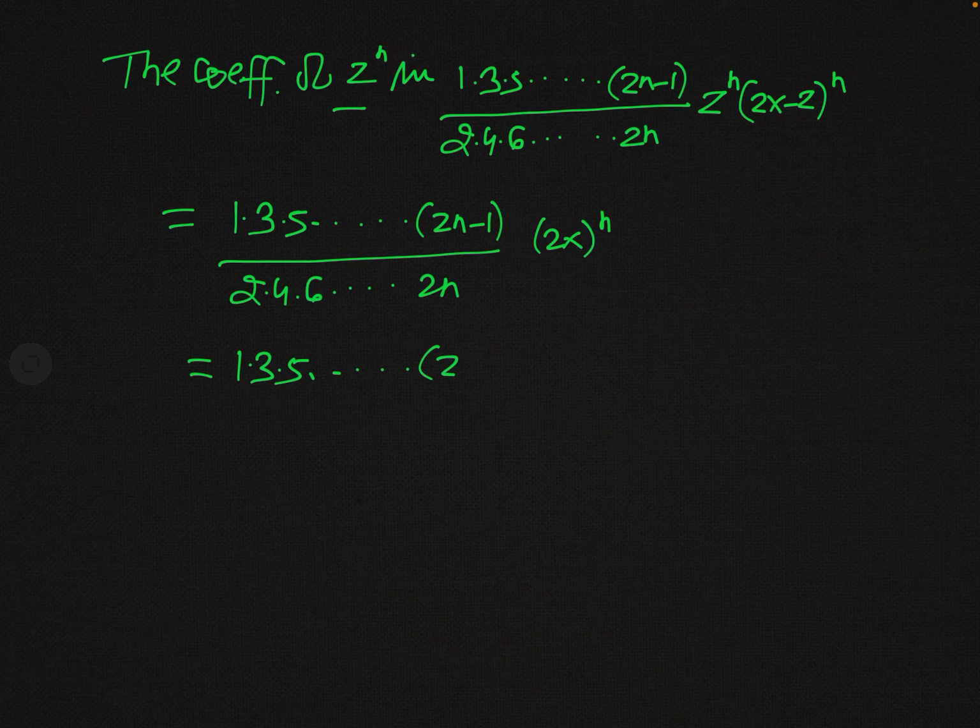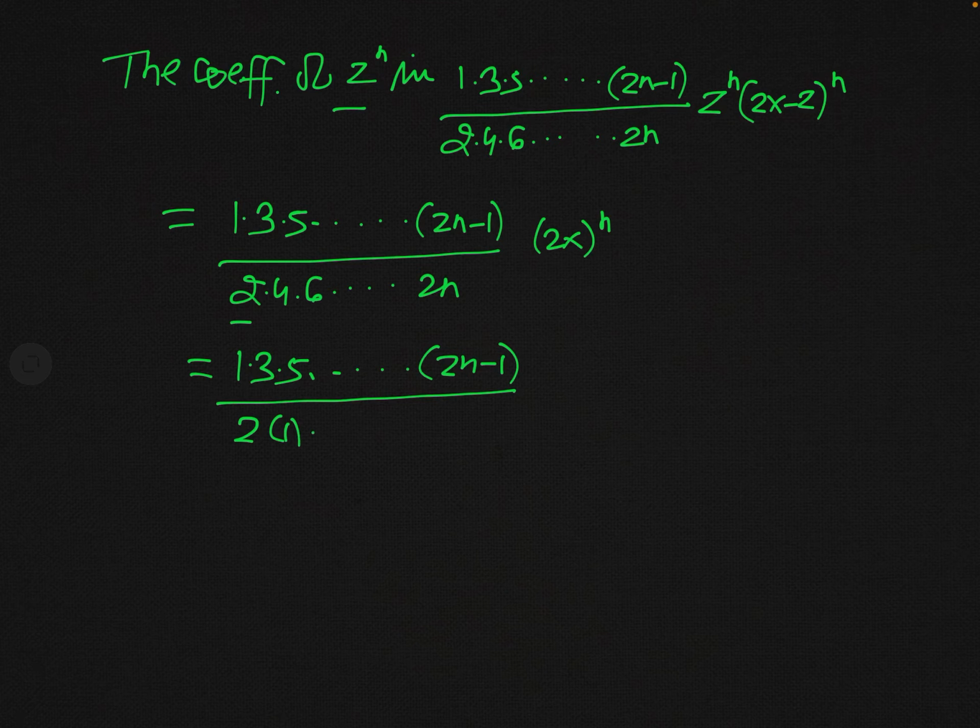And now let us simplify it. You can write it as 1 into 3 into 5 and so on up to 2n minus 1 divided by, let us see this denominator.